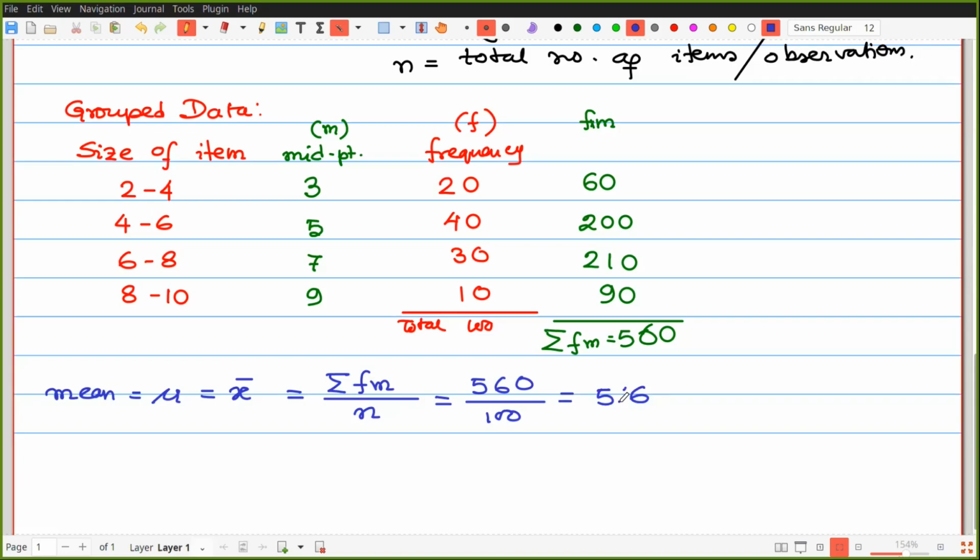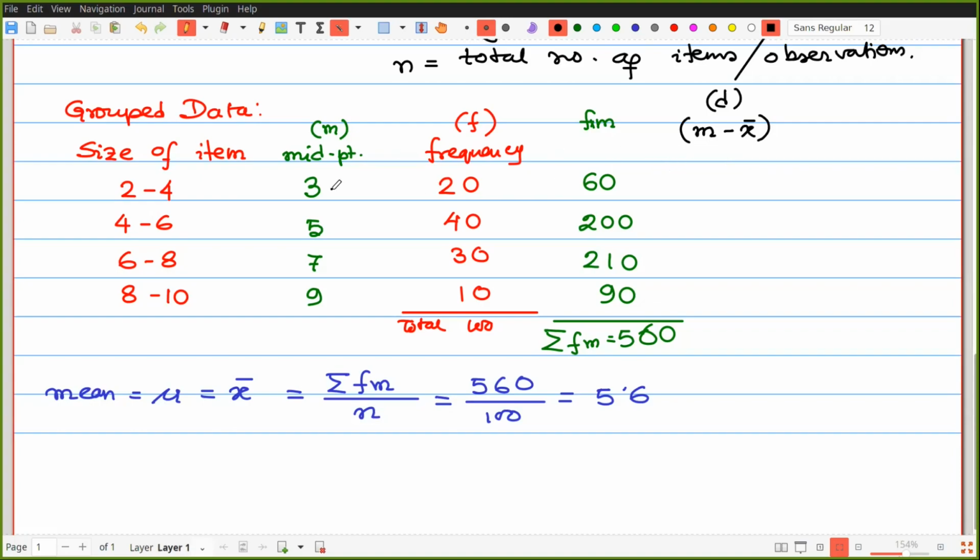Now we have to find out the deviations. So deviations means small d, and that is formed in the form of m minus x bar for each and every individual m.